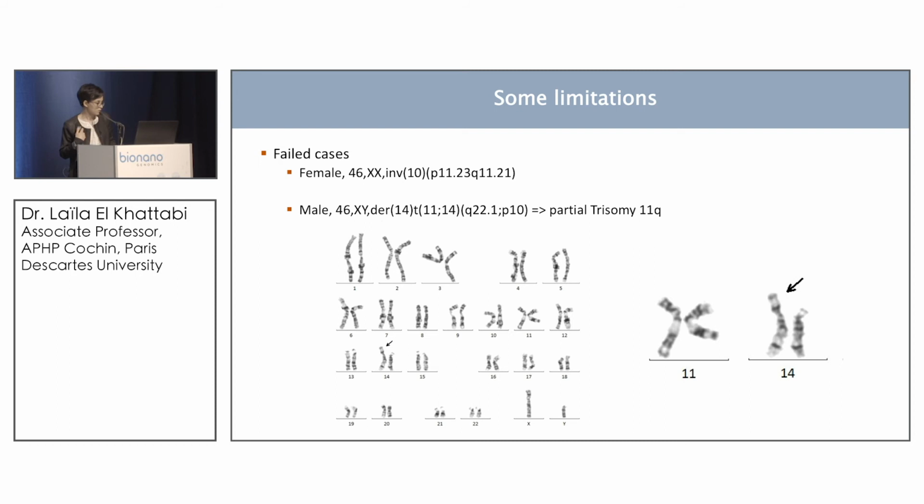And the second one is not really a failed sample, it's just to show you what happens when there is a breakpoint in the pericentromeric region. This is a derivative chromosome 14 from a translocation between chromosome 11 and chromosome 14. As you can see from the karyotype, a piece of 11q terminal went on top of chromosome 14, right at the pericentromeric region.